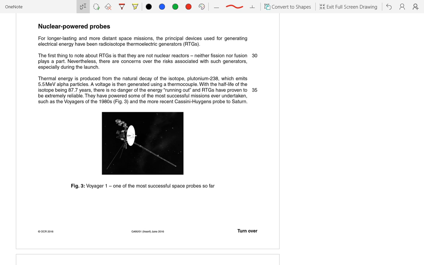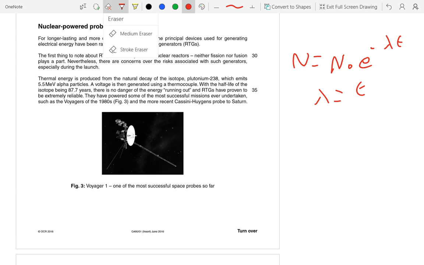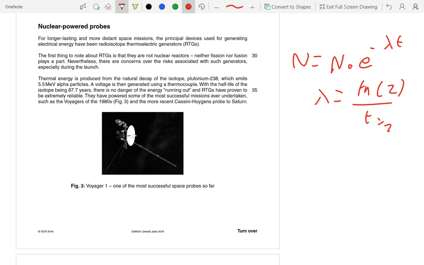So the next part is about nuclear power probes. As soon as you hear the word nuclear, you should immediately think N equals N naught e to the minus lambda t. What's lambda? Lambda equals ln of 2 over t half. I think I've got that right.